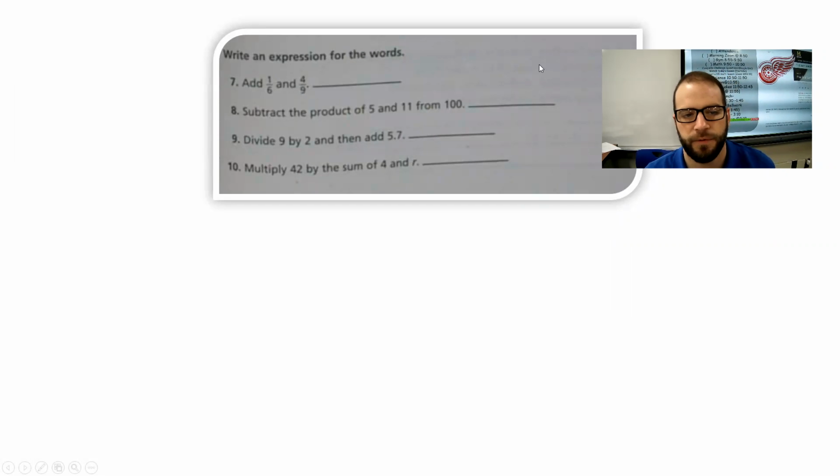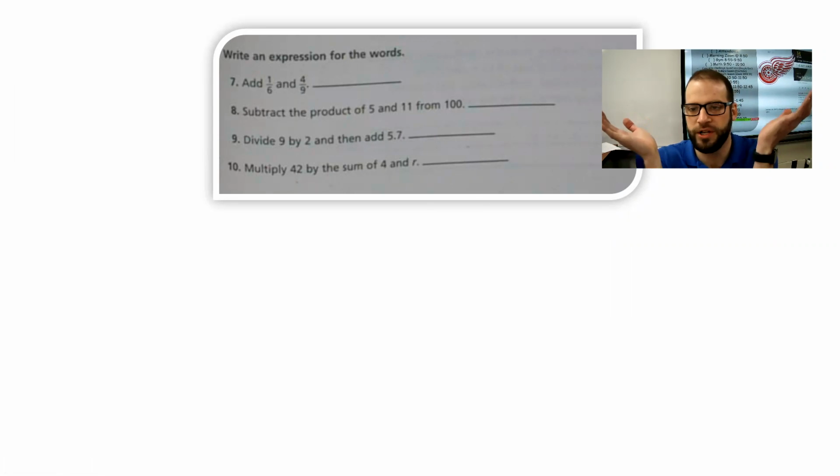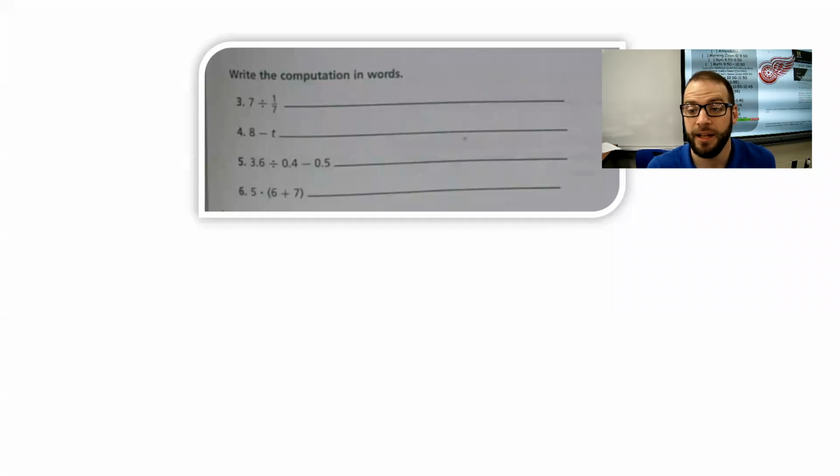And then 7 through 10, you are going to take the words and you are going to put them into an expression. So maybe it'll make more sense if I explain it like this. There's 2 different ways we're looking at these math problems. We're looking at them in expressions. That's what these are.